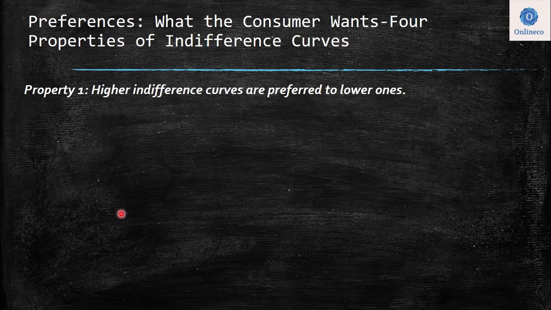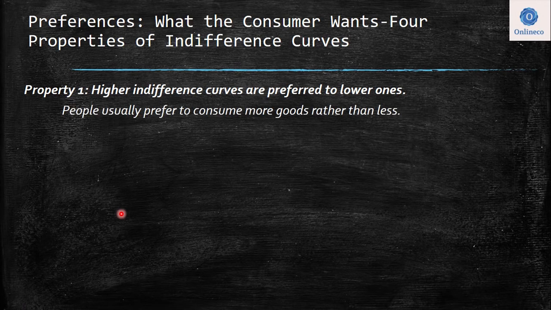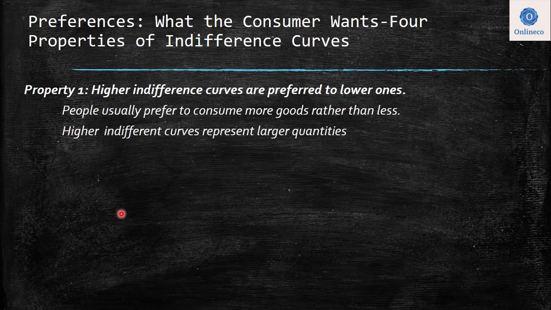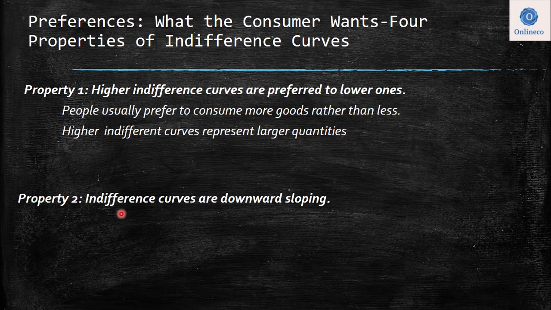What are the properties of indifference curves? There are mainly 4. The first, higher indifference curves are preferred to lower ones. That's logical. We saw before, people usually prefer to consume more goods rather than less. Higher indifference curves represent larger quantities.